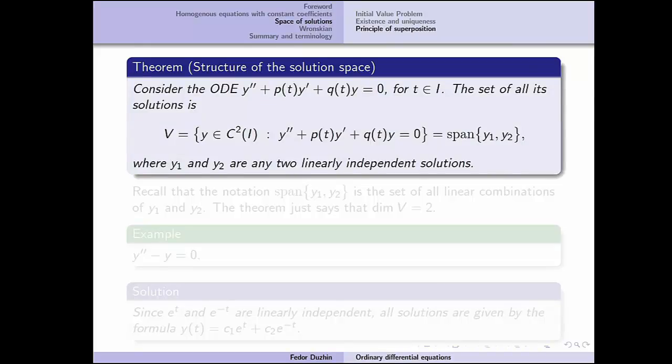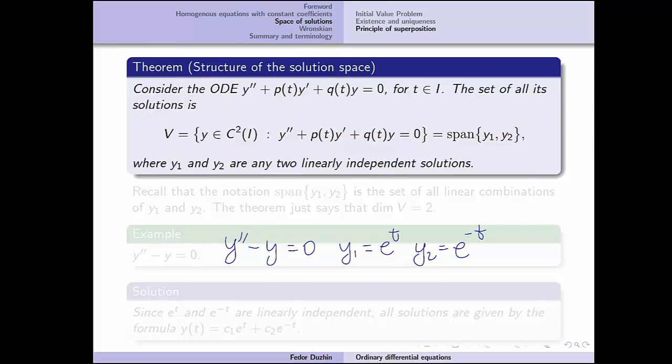Then the structure theorem tells us that if we have any two specific linearly independent solutions, like, remember that in the case when the equation was y double prime minus y equals 0, the two linearly independent solutions were y1 equals e to the t, y2 equals e to the minus t.